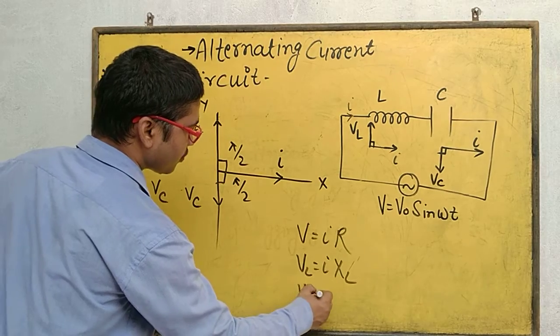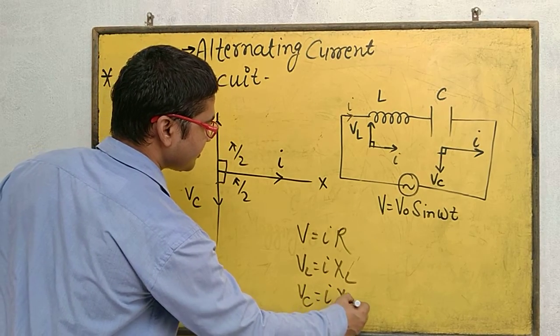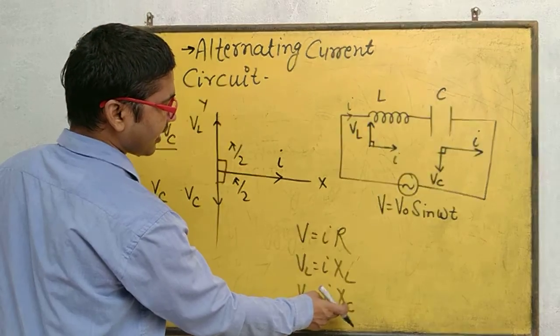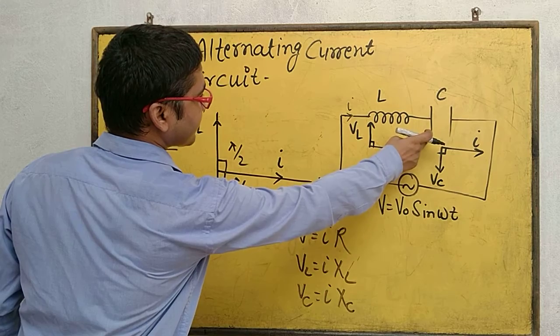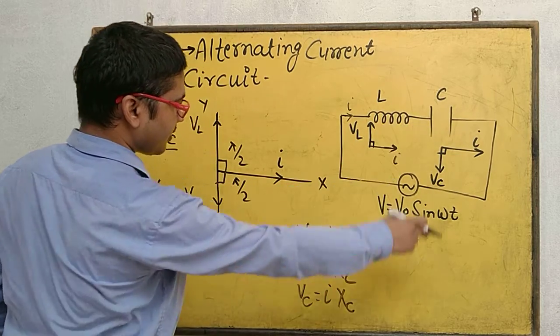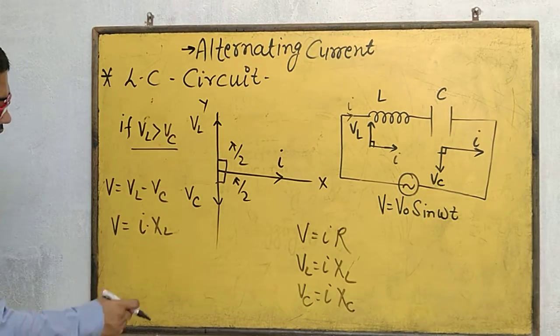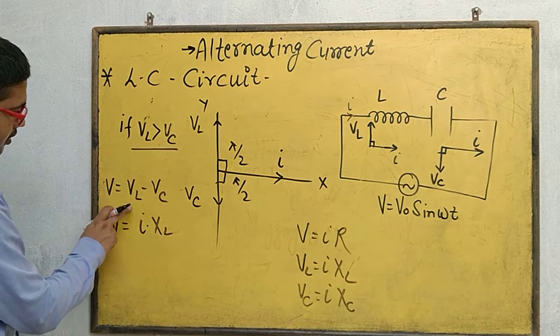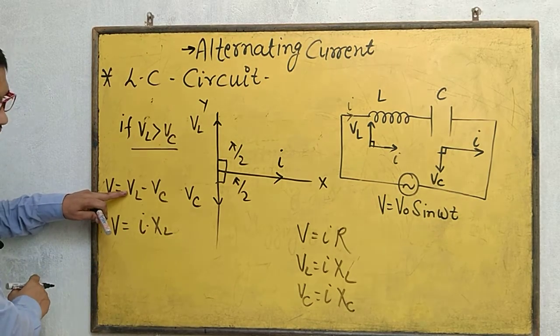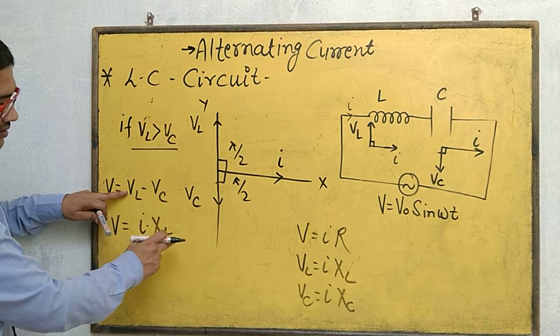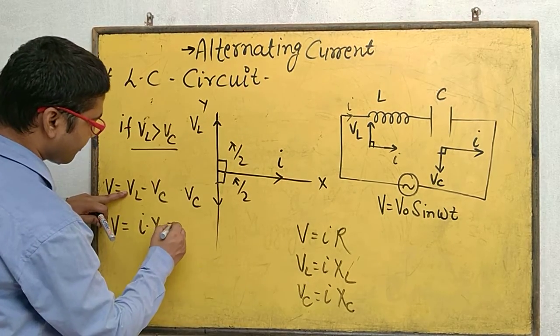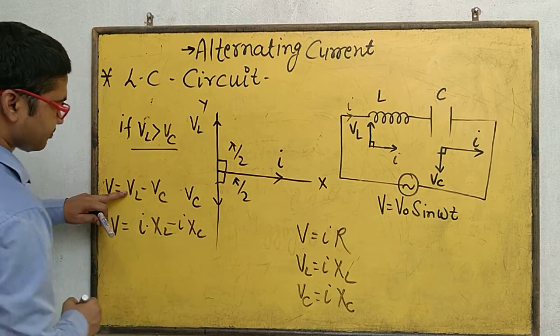Similarly for VC you should write IXC, because XC is the resistance offered by this capacitor in the path of the AC current. So you can use IXL in place of VL and IXC in place of VC.